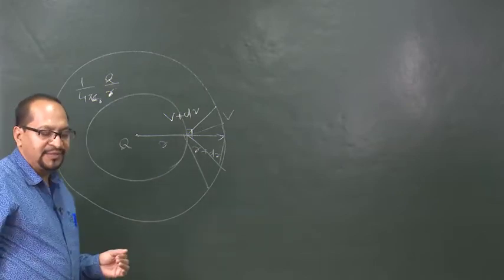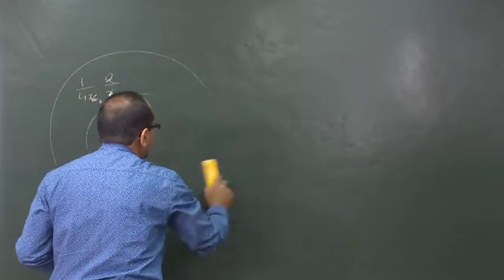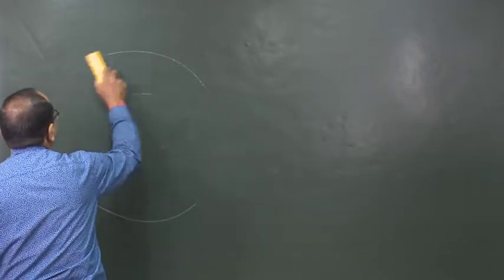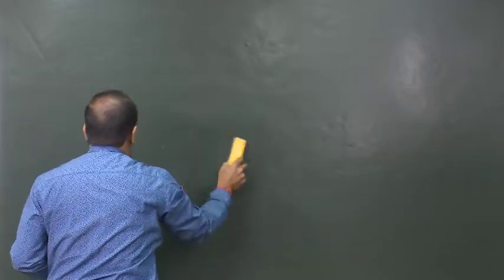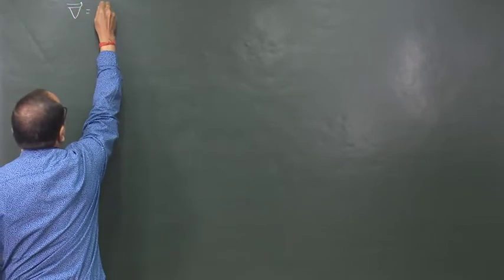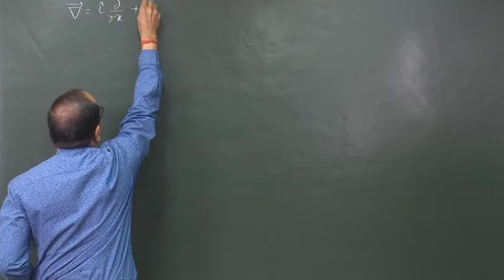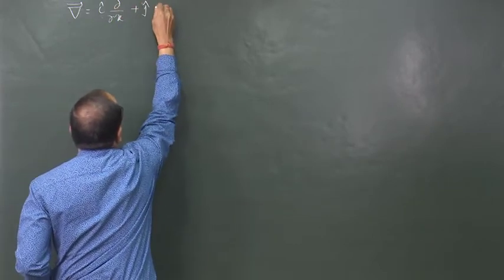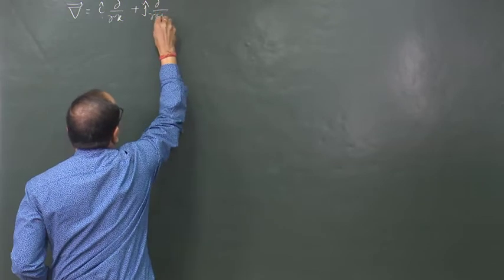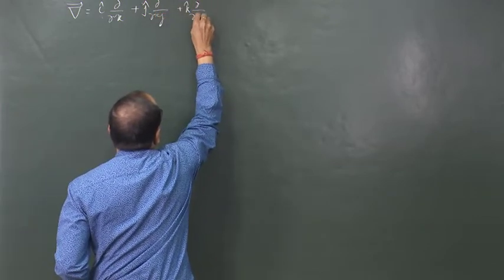So, this is the physical meaning of gradient, and the mathematical form is here in the Cartesian coordinate system. The gradient, which is represented as a del operator, is equal to i cap del by del x plus j cap del by del y plus k cap del by del z.